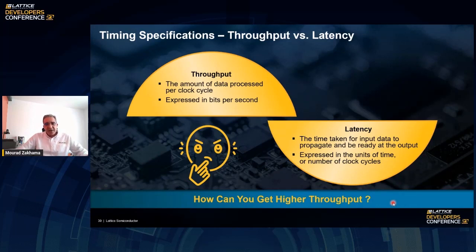On the other hand, latency is the time taken for an input to propagate through the user logic and be ready at the output. It is usually expressed in units of time, or as a number of clock cycles. So the obvious question is, how can we get higher throughput if throughput is important to you?